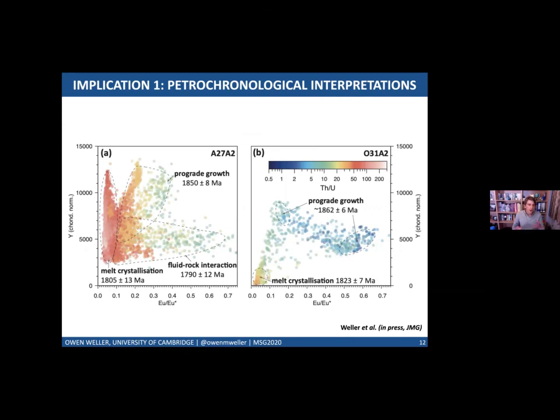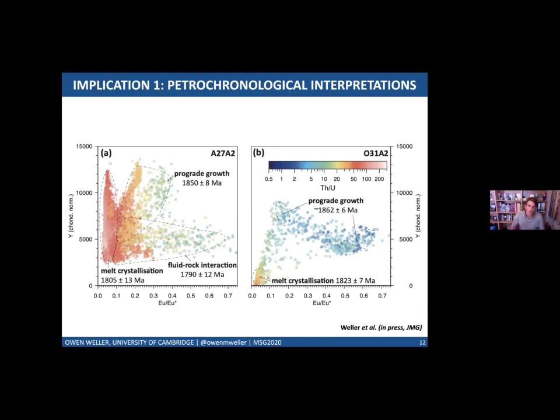But as you compare the 2 samples, you can see that there are some similarities, but some major differences, which are perhaps problematic for petrochronological tools that we commonly use. So what's encouraging is that thorium of uranium is systematic. It increases as you go from prograde to melt crystallization, consistent with many other studies.